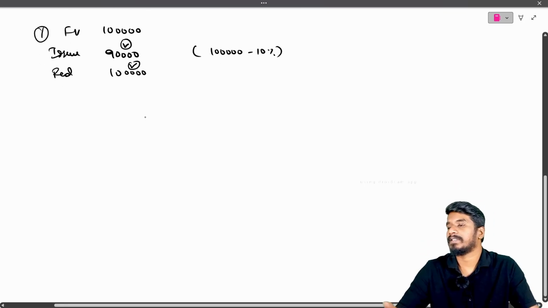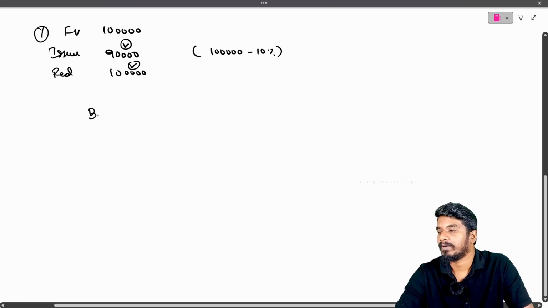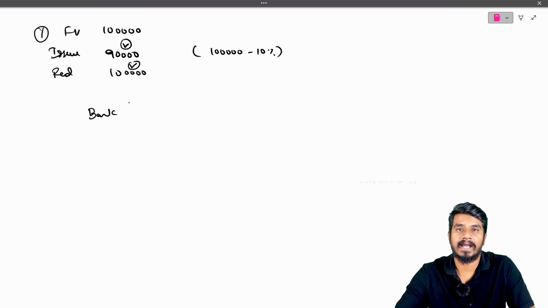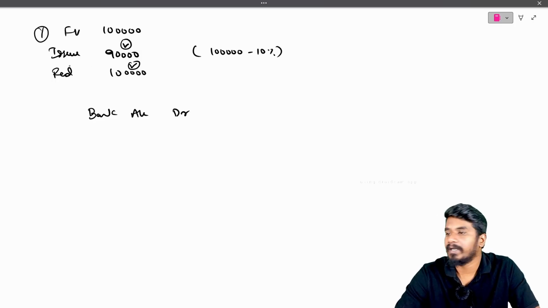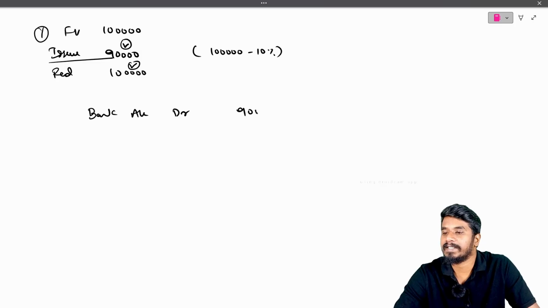So let us journalize this. You have seen in the previous video, the first entry will obviously be the bank account entry because we will receive the money from debenture holders. So bank account will get debited for the issue amount, that is 90,000. That amount only we will receive in the bank account.